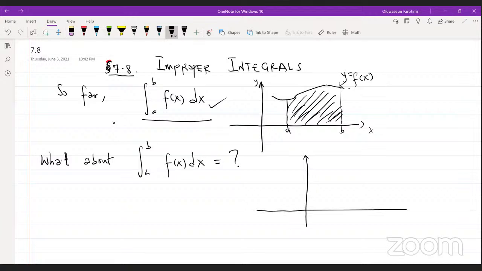Suppose I have a curve here, another curve here. This is my x, of course, this is my y.